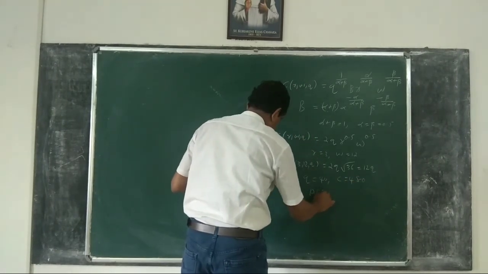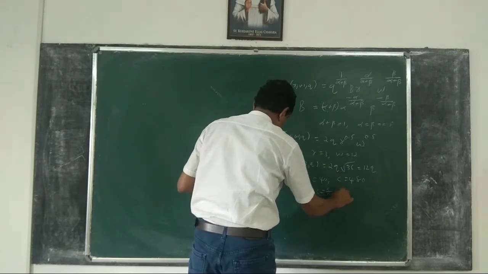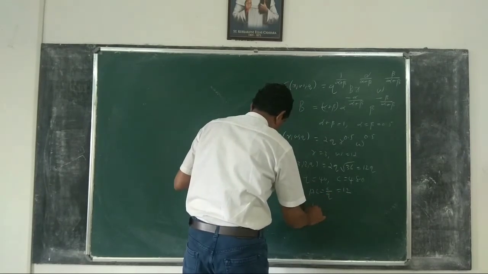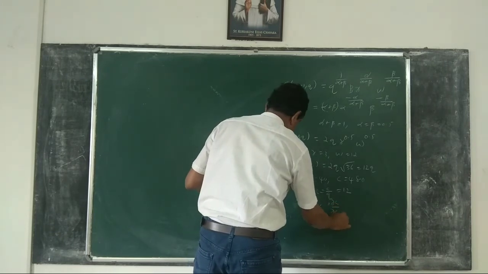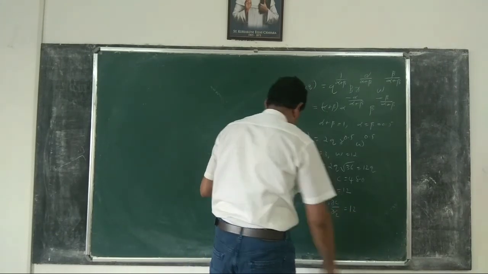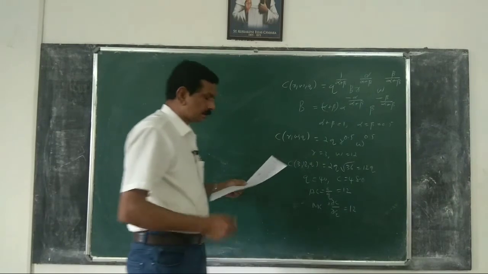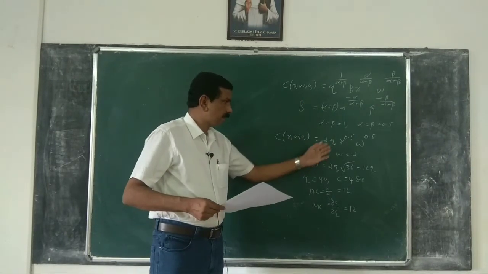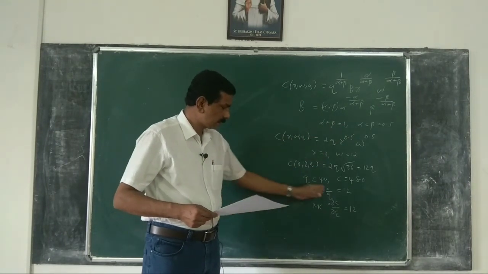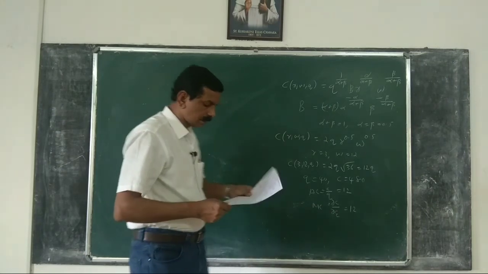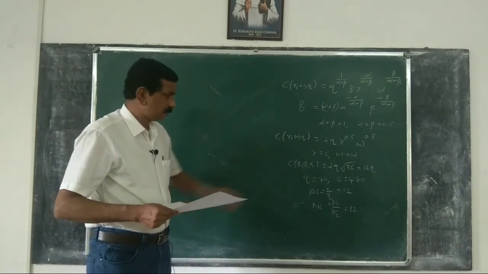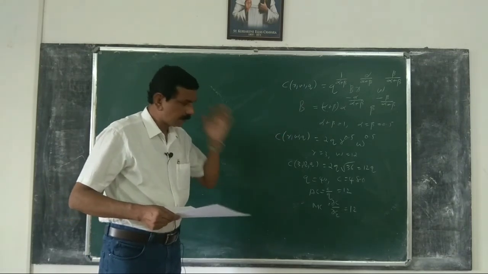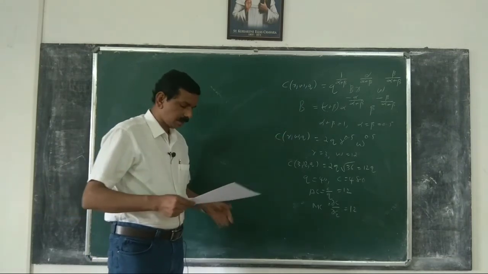Average cost is C by Q, equal to 12. Marginal cost is ∂C/∂Q, equal to 12. And this is the case of constant returns to scale where AC is equal to MC. If any of the input prices change, you complete the calculations, it is very easy.